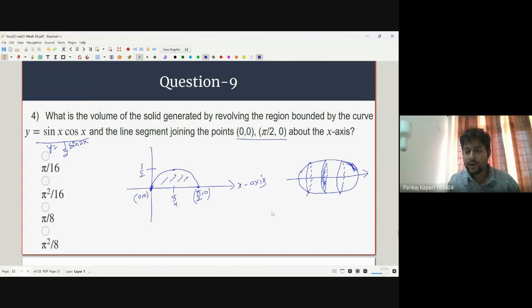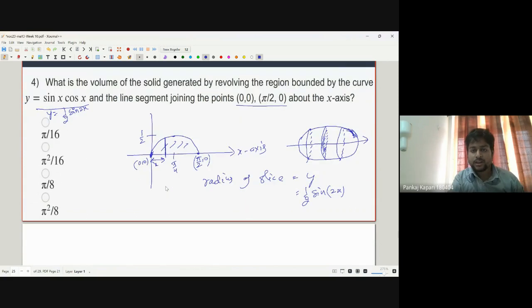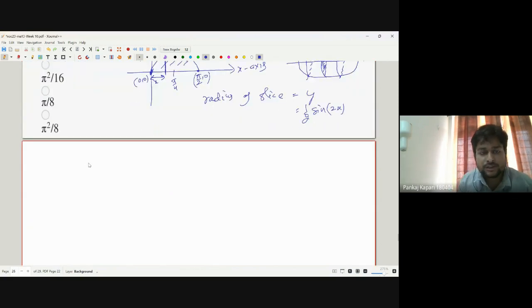So for that, you have to find the radius. So radius will be this much. This distance is your radius. So which is radius of slice? So radius of slice is y, which is half of sine of 2x as a function of x, right? Let's assume that we are at a distance of x. So now you have the radius.